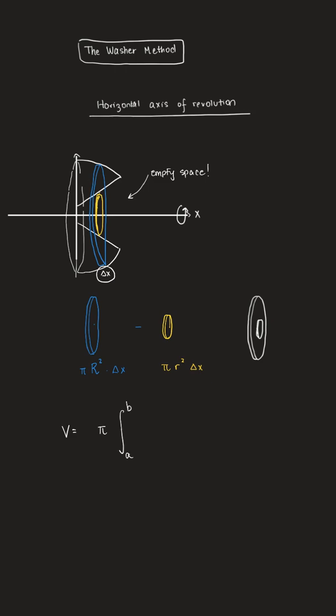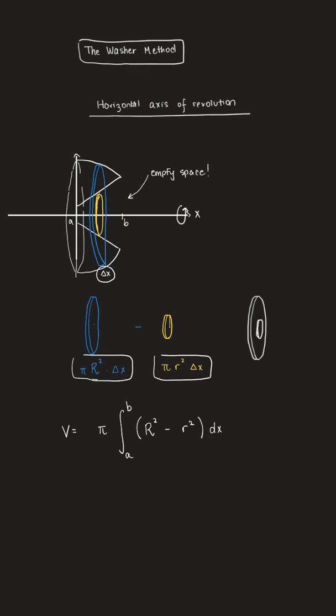In this case, let's say here's a, and b is where we'll stop adding those washers, of the outer radius squared, that's this part, minus the inner radius squared times dx, right? Remember that we're subtracting these expressions. We can factor out pi, factor out delta x, it's right here, and then we have the difference of the radii squared. And so the question is, how do we obtain the radii?